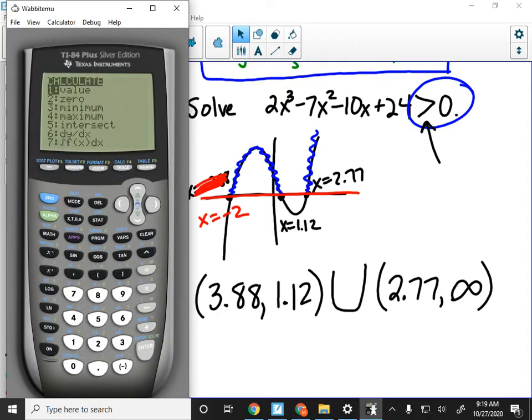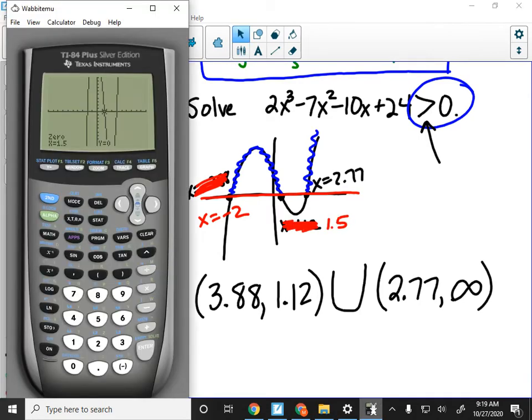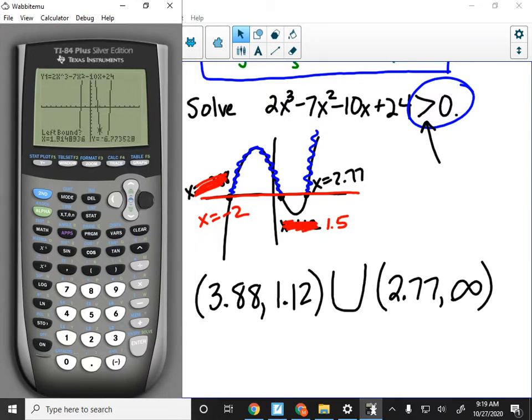And the next one should have been at 1.5. And my last one should have been at 4.